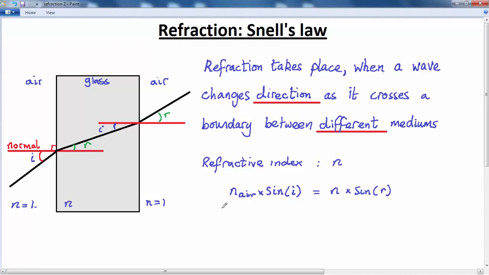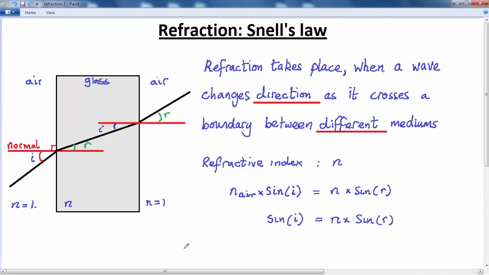Now you'll notice that, as I said earlier, the refractive index of air is equal to 1. So we can forget this term, and we can write this as sine i is equal to n times the sine of r.